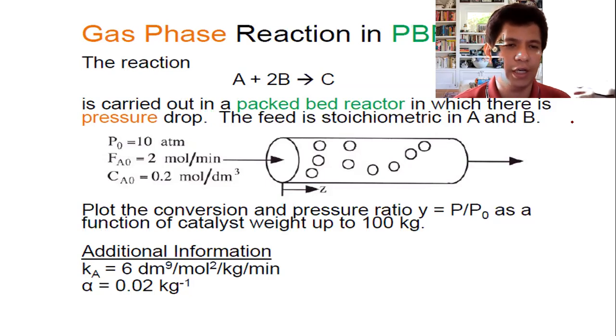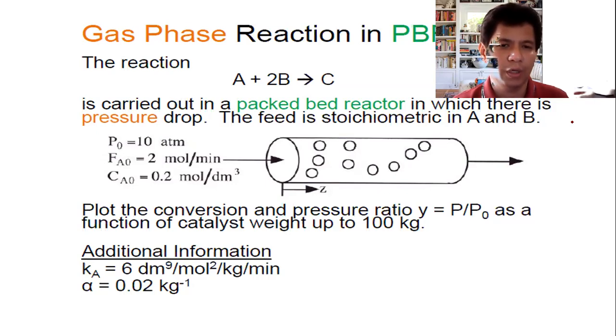So the reaction A plus 2B will give you C, is carried out in a packed bed reactor in which there is a pressure drop. The feed is stoichiometric in A and B. When we say stoichiometric, the ratio in the reaction is also the ratio available in the feed. So, for example, in this particular case, you can see in the reaction that for every 1 mole of A, you need 2 moles of B.